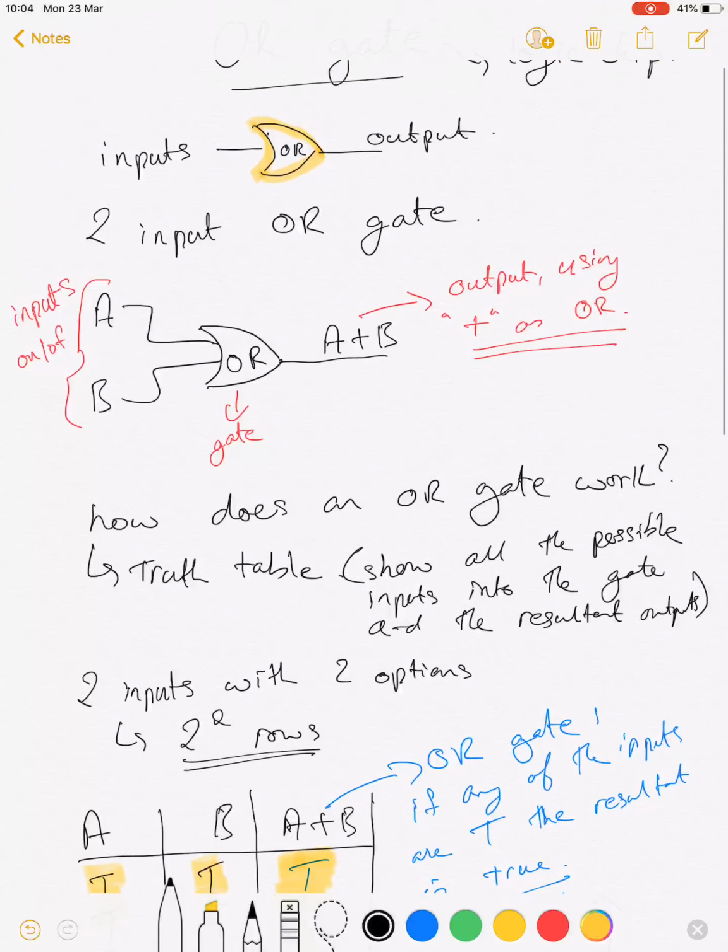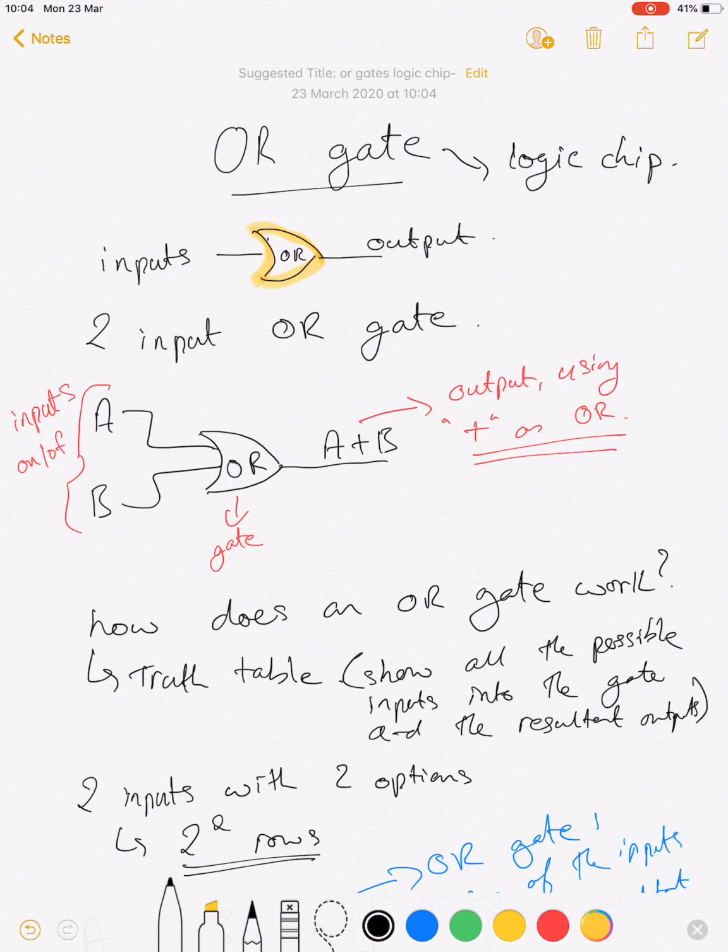Let's just go back through it again. So we know that an OR gate at a very high level is simply a logic chip. It has inputs into the gate and it has an output. For a 2-input OR gate, we can see here this initial construction. And if we had a signal traversing down A and no signal traversing down B, or signal traversing down B, we would still get the signal coming out of the resultant OR gate.